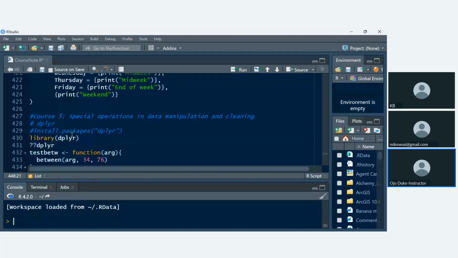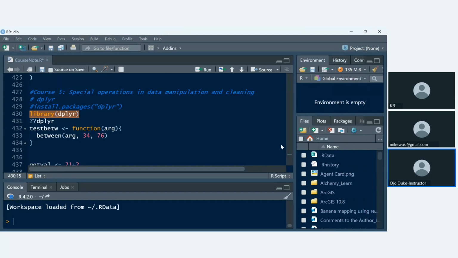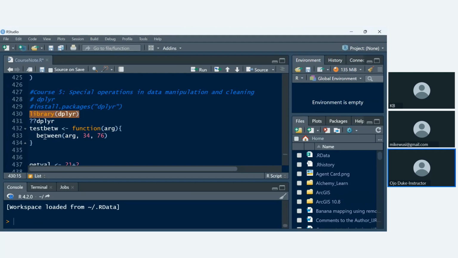All right, so we went further to look at some special operations in data manipulation. We considered in particular the package, where we explored it in detail from the package window here in RStudio.